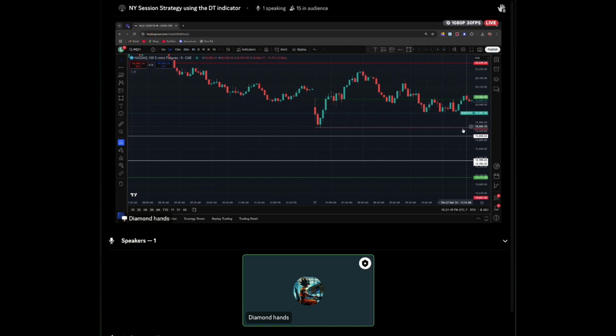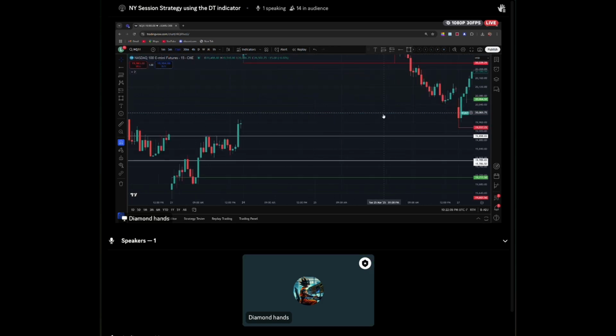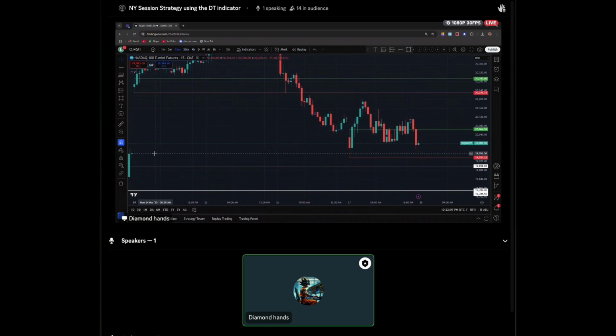I usually do trade on the 5 minute, so you can actually go on a lower time frame and look for your entry if you don't want to look for that. But essentially, the first 15 minutes will be your high, your low. I marked this one a little bit wrong. It should be right up here.